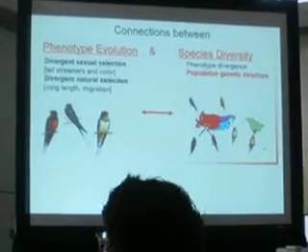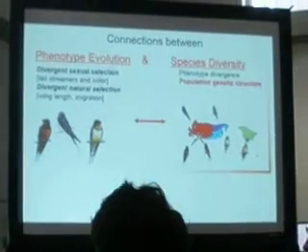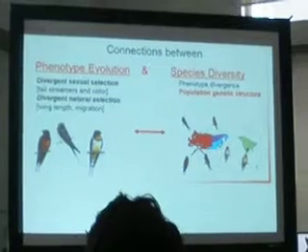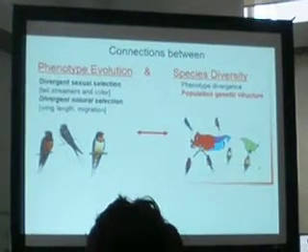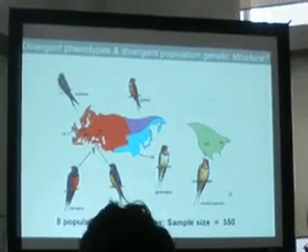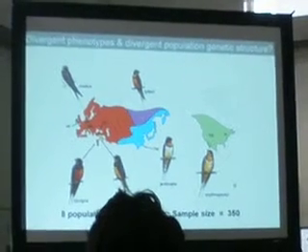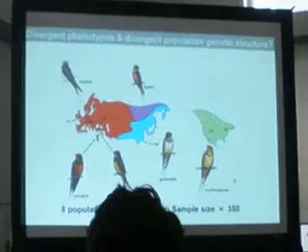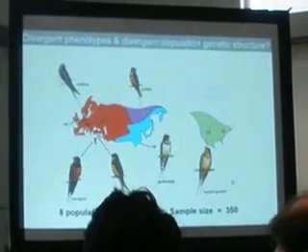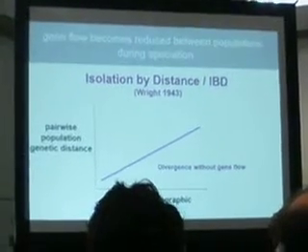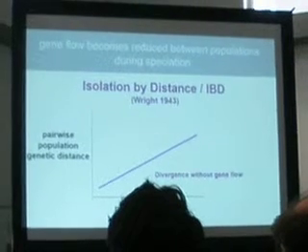But we're next interested in asking what all this phenotype divergence might be doing in terms of population genetic structure. So to ask that question, we sampled 8 closely related populations across 4 different subspecies with a sample size of 350 individuals. And we basically looked at 2 different analyses.